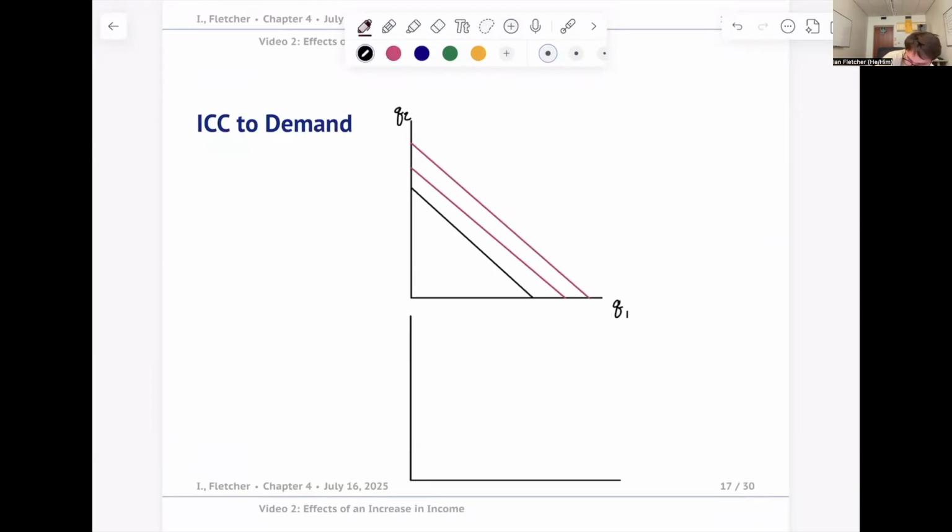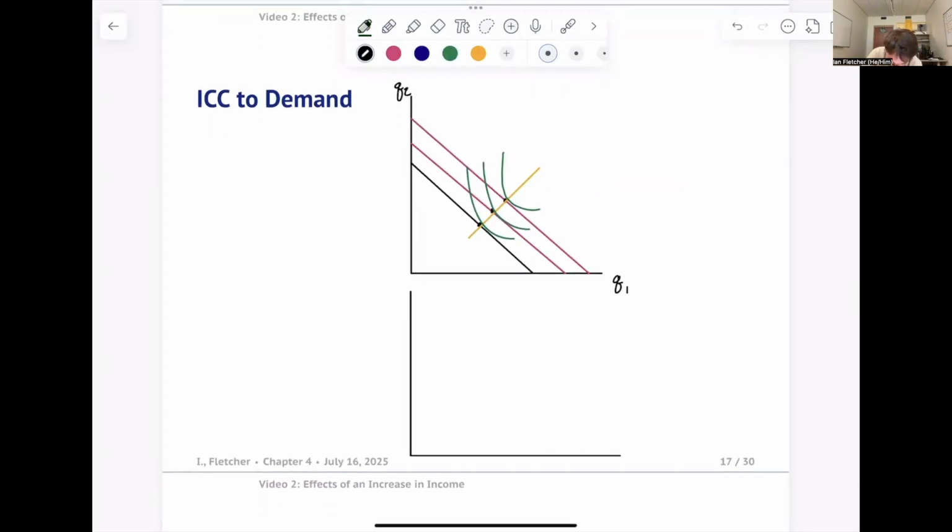And we're going to make our ICC super aggressive. And if we wanted to, we could also throw in our indifference curves. Then we're going to be able to drop dashed lines from each.